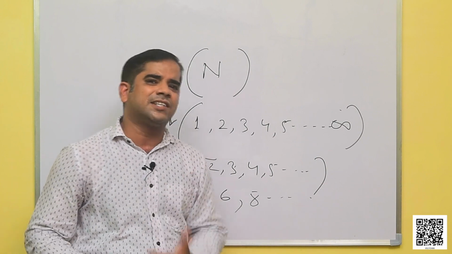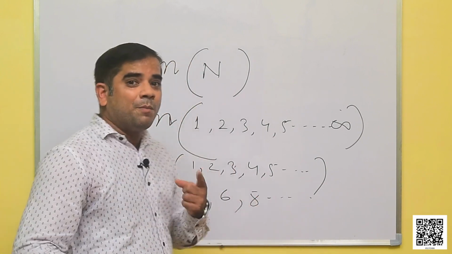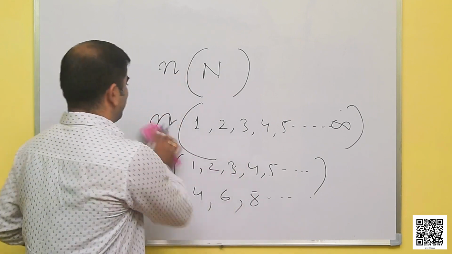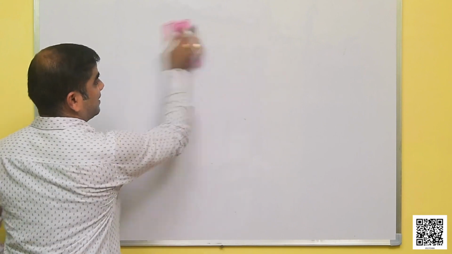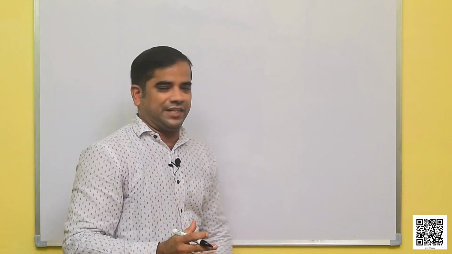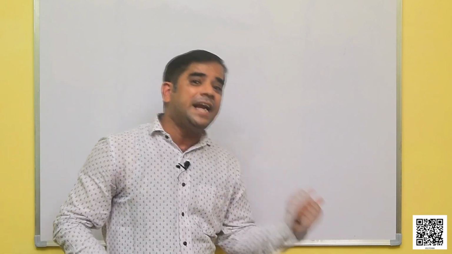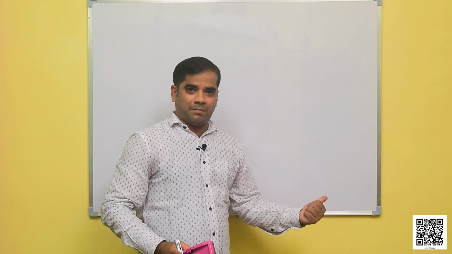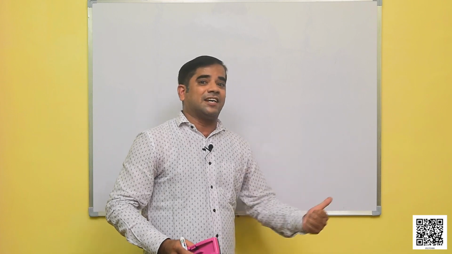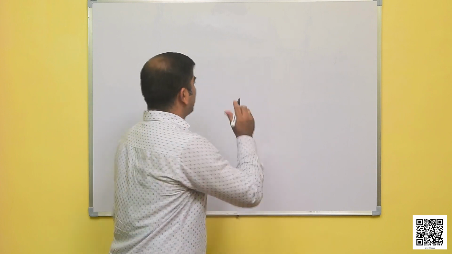So what is the relationship between a multiple and a factor? I think till now you might have understood. Let's check. As I told you first, if a number is divisible completely by another number, it is called a multiple of that number, and the divisor which divides that number is called the factor.